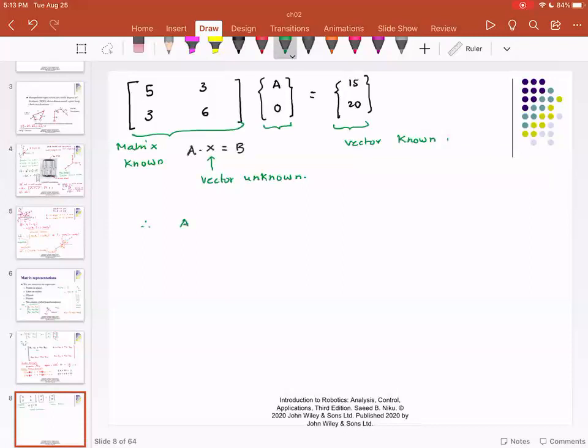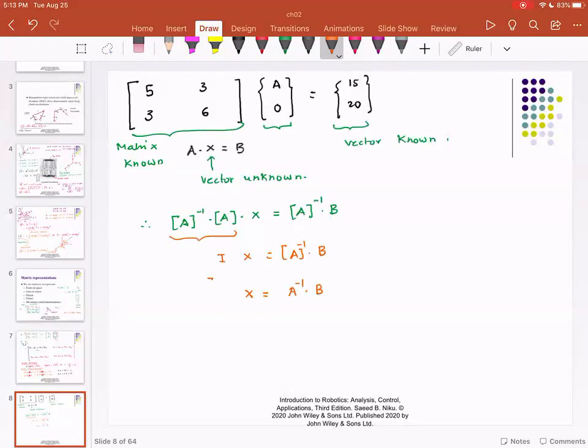So I would do A inverse times AX is equal to A inverse times B. Now this inverse multiplied by A gives me an identity. So X is equal to A inverse B.